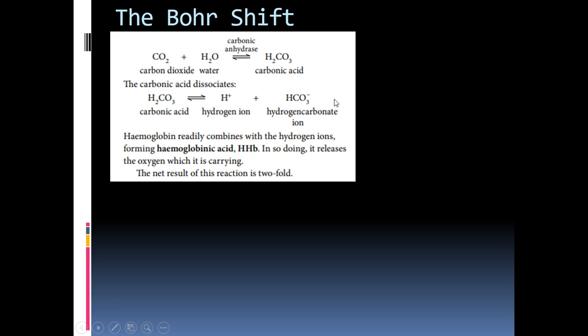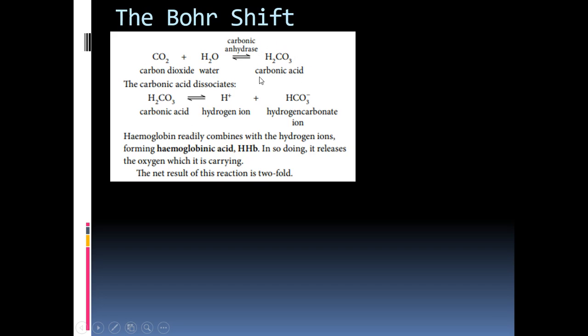In respiring tissue, what happens is that they produce a lot of carbon dioxide. Those carbon dioxide molecules will be removed by the cells and will go into the blood vessels. They will bind with the water in the plasma within the blood vessels to form what we call carbonic acid.